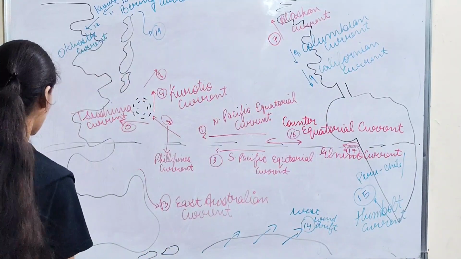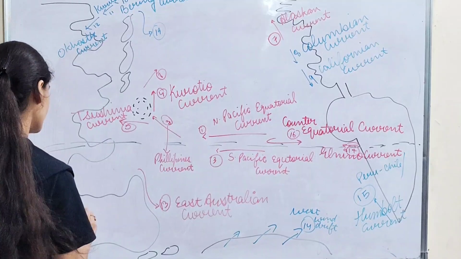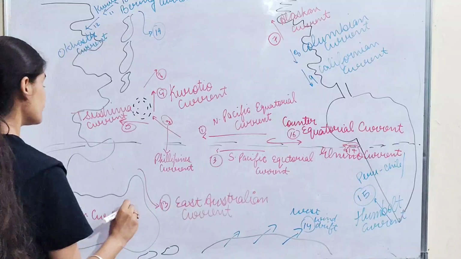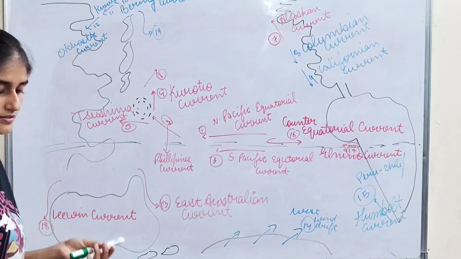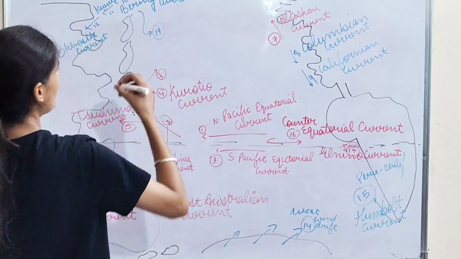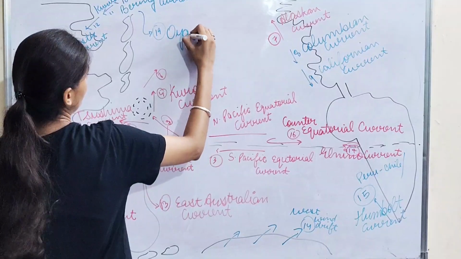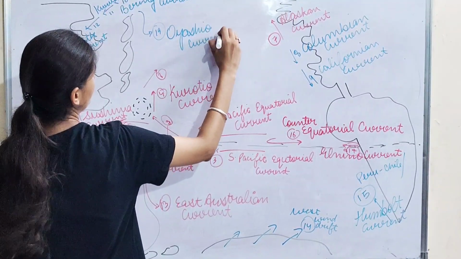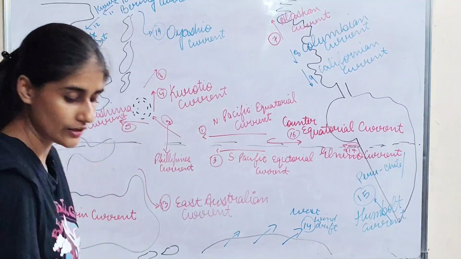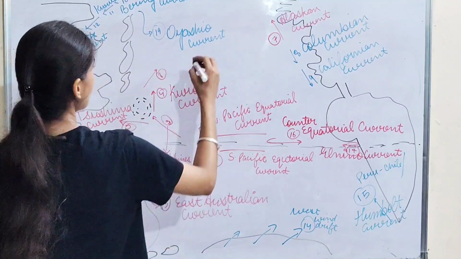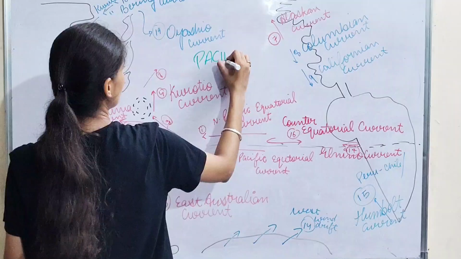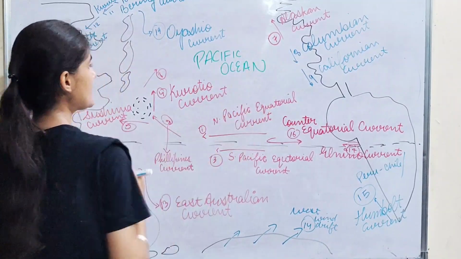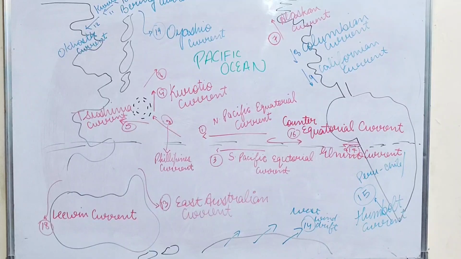And 18th is known as Leeuwin Current. And last, 19th is known as Oyashio Current. So these are the currents of the Pacific Ocean. I'm giving you 10 seconds, take the screenshot of it.